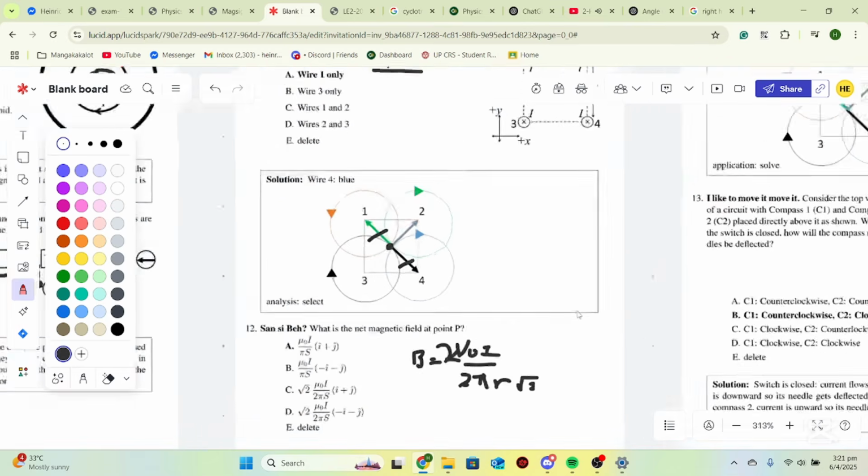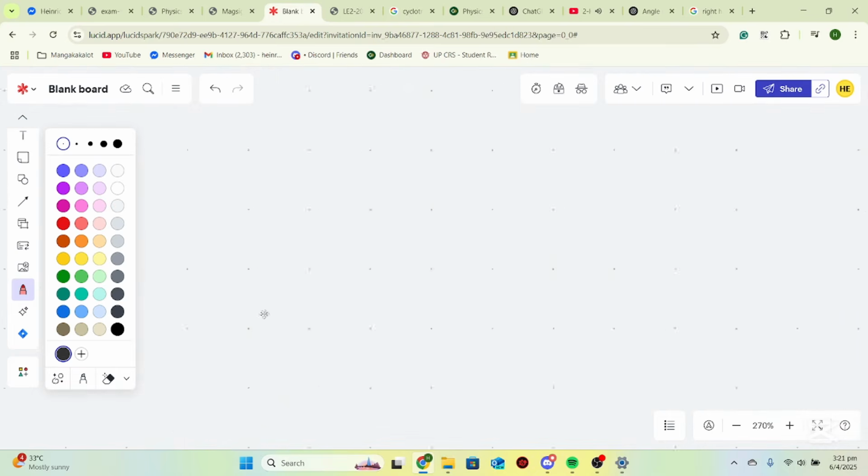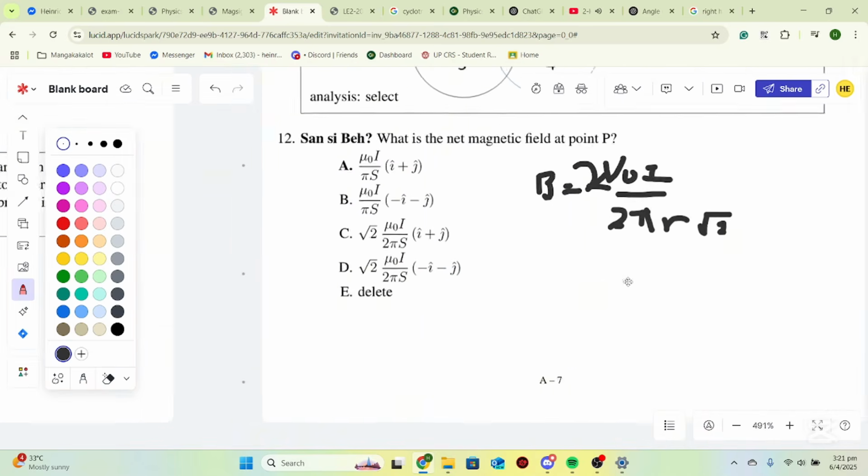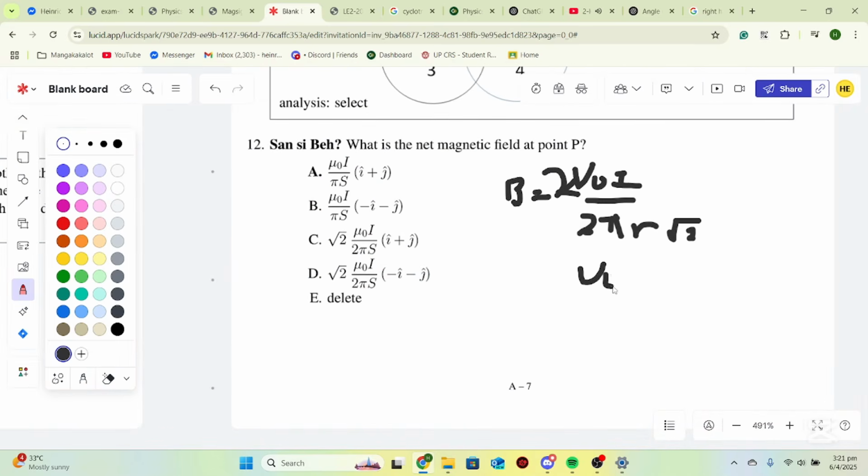So it becomes mu naught I over pi r square root of 2. Then first we rationalize this, so it becomes 2 square root of 2 over here. That's this rationalized.